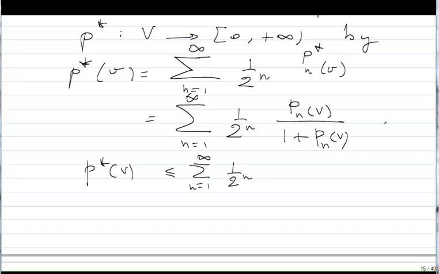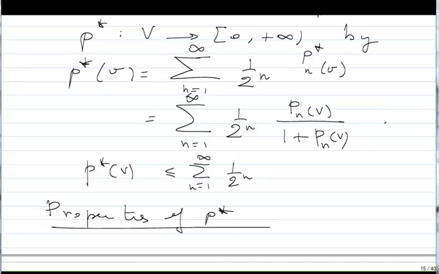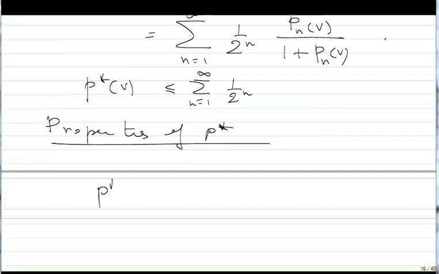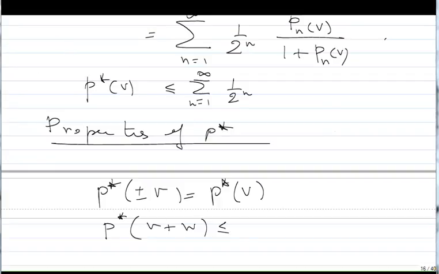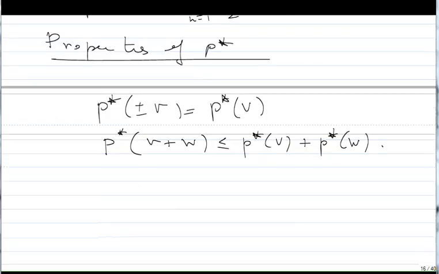And what are the properties of P star? Clearly we do have P star of plus minus V equal to P star of V, number one. We also have, because of the subadditivity of the function, the triangle inequality. What's interesting here is the property of what happens when V is equal to 0.